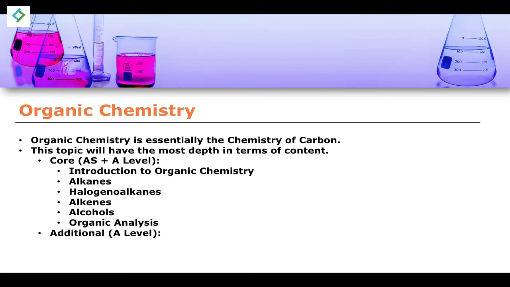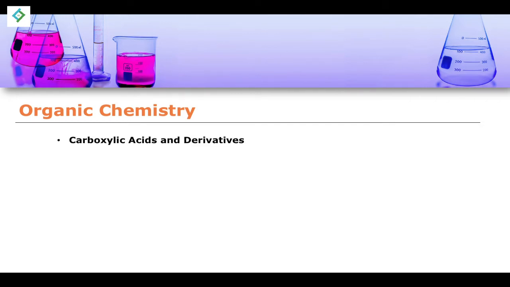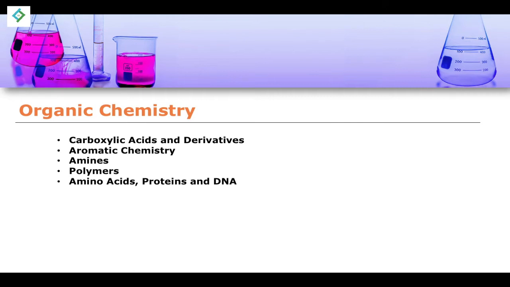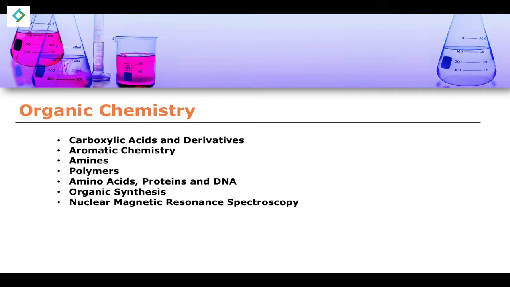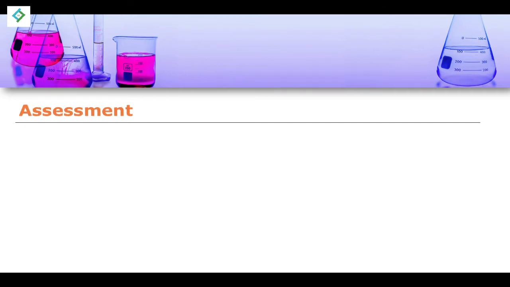And then when we talk about the additional content, you will talk about optical isomerism, aldehydes and ketones, carboxylic acids and their derivatives, aromatic chemistry, amines, polymers, and amino acids, proteins, and DNA, as well as organic synthesis, nuclear magnetic resonance spectroscopy, and chromatography as well.